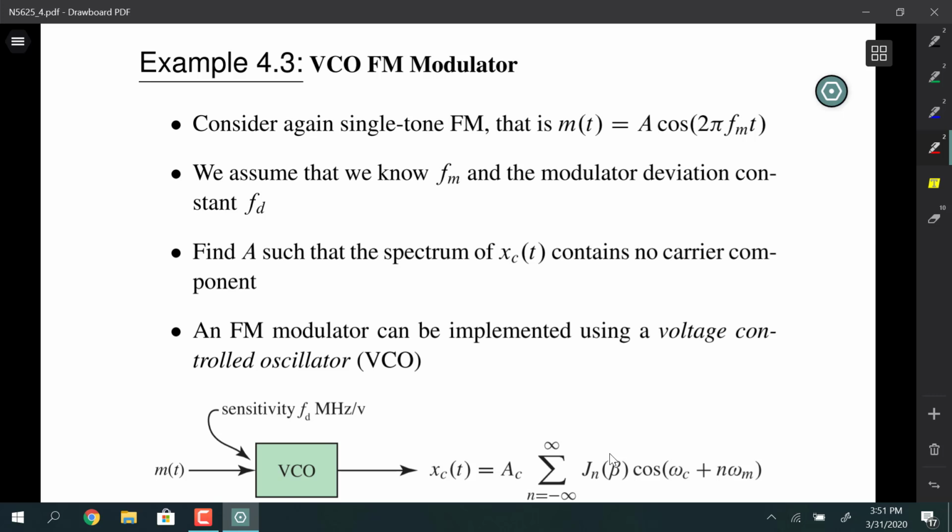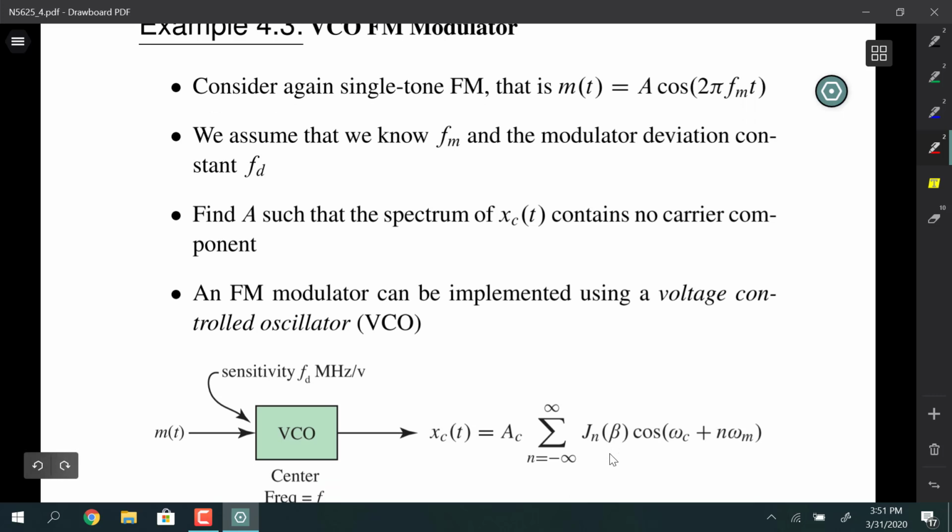So a simple FM modulator is to think of a voltage-controlled oscillator that has an input port and an output port. The input port is where you can apply frequency modulation, m(t), and the VCO is spec'd to have a particular sensitivity of fd hertz per volt, or if it's an RF VCO, it would usually be in terms of megahertz per volt.